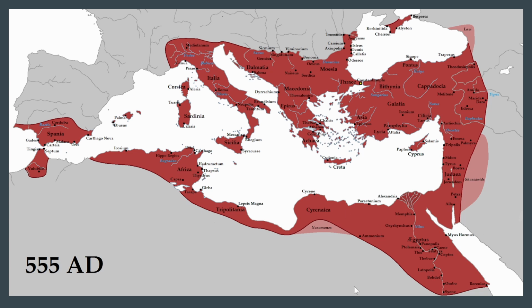So Egypt is both in Africa and Asia, and the Roman Empire extended to northern Africa quite a bit. Okay, so here's like Tunisia and here's Libya, and then this is Morocco.